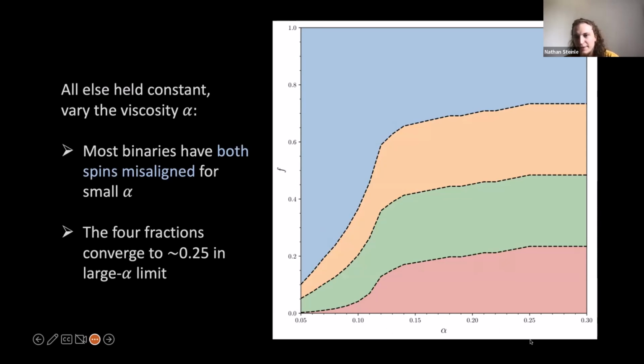But as you increase alpha, the disks become more viscous and less prone to breaking. And in this case, for the masses and spins considered here, these fractions basically converge to a quarter each, about, because that black box in that spin orientation plane goes to basically a point, because fewer and fewer binaries are likely to begin at a critical configuration for very large alpha.